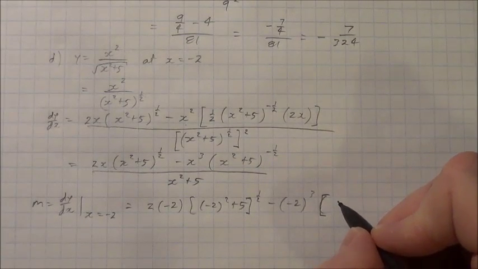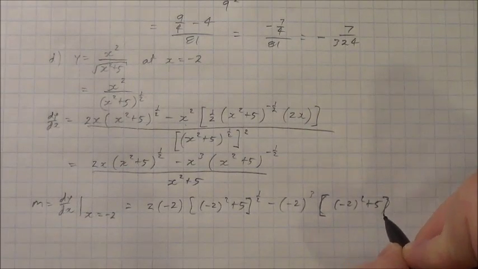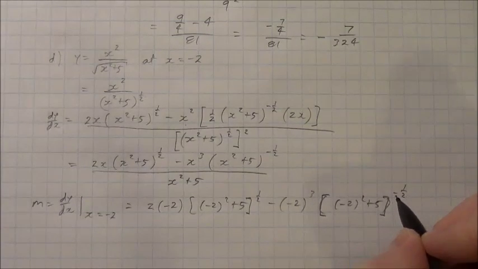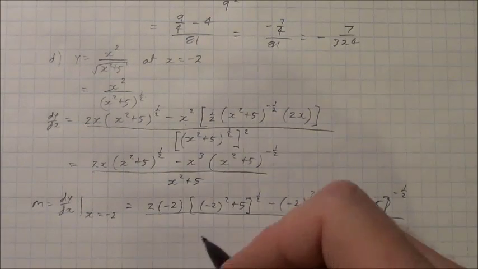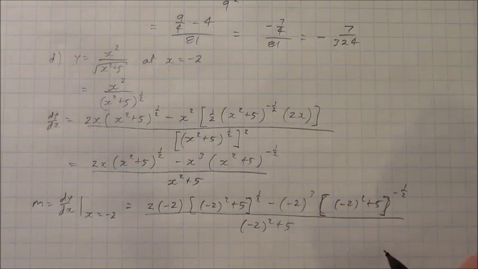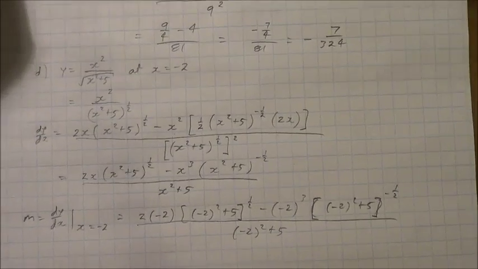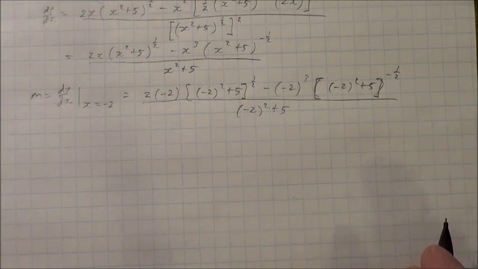Leave a square bracket there. Negative 2 squared plus 5 to the negative 1/2. And that is going to be all over negative 2 squared plus 5. Okay, so we're going to continue simplifying here.